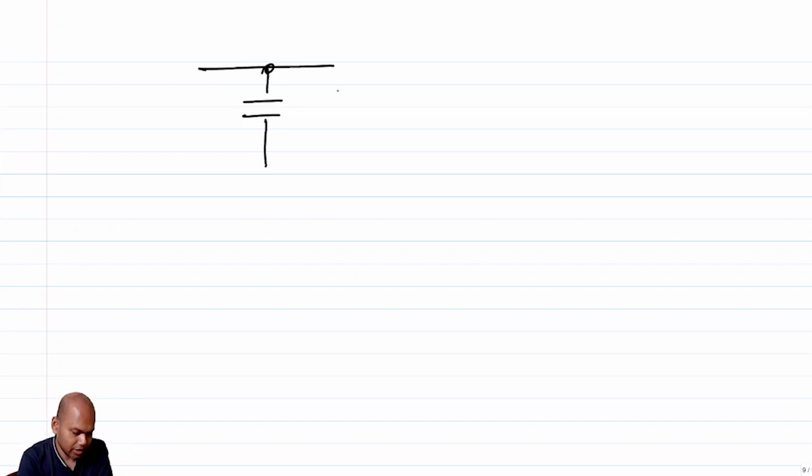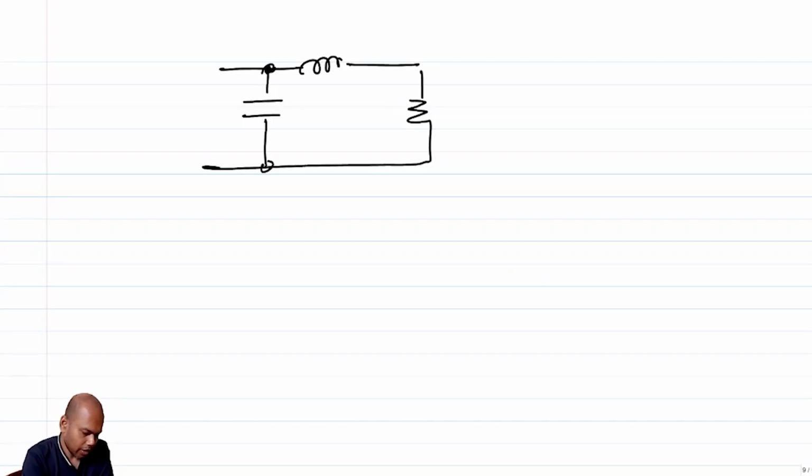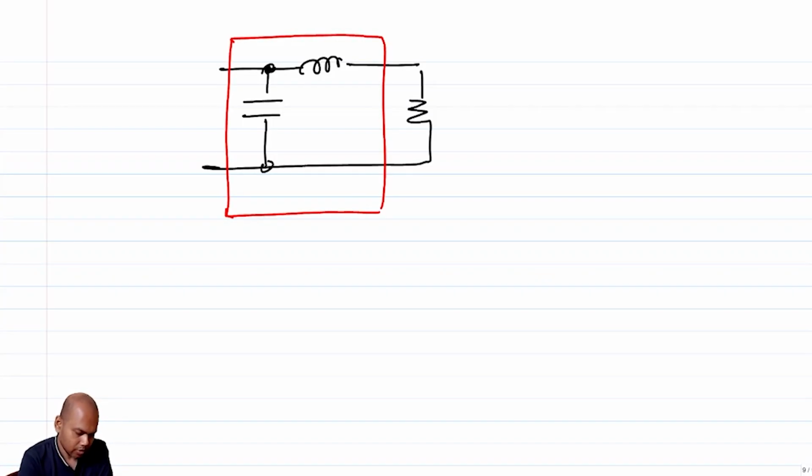So instead of representing it like this, I am going to represent it like this, and I'm going to say that this is a two-port network, and this is some R1, this is some L, this is some C.